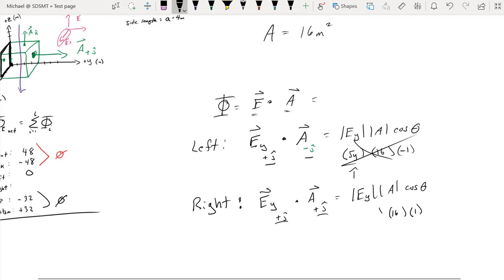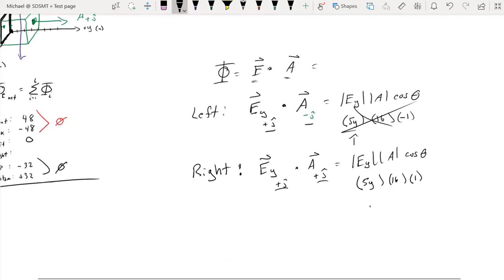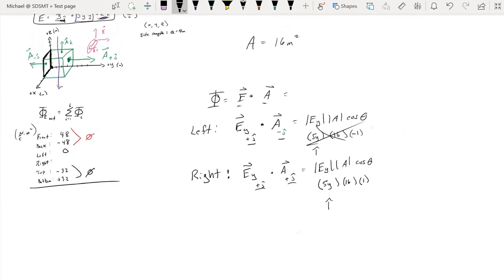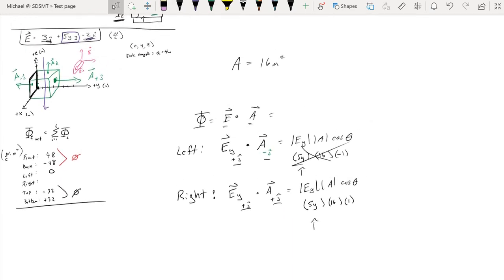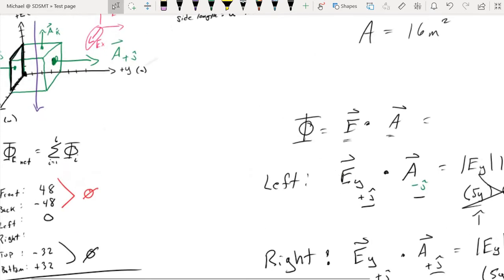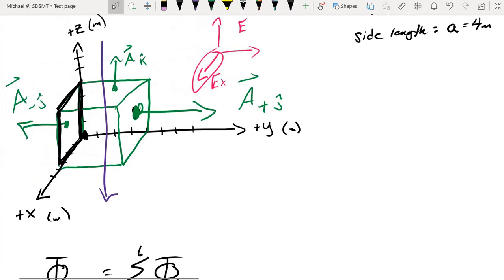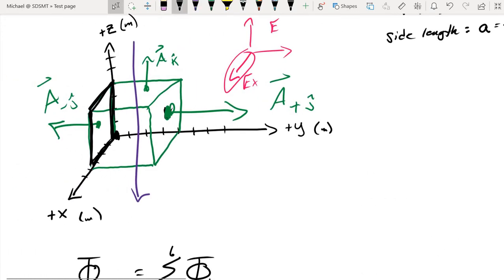We have 16 for the area. And then, just like before, we're going to have to take the y component of our electric field vector and evaluate it at the position of our right face.